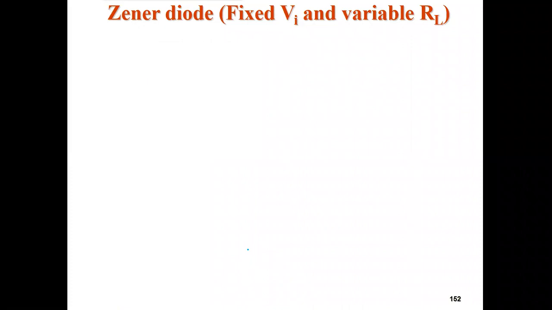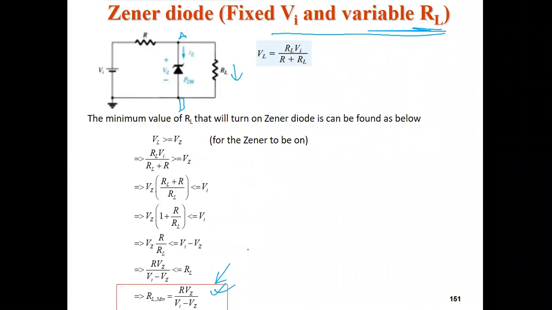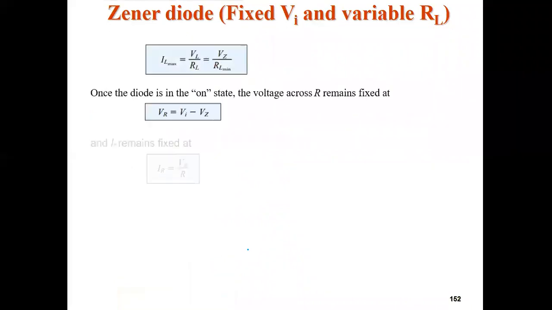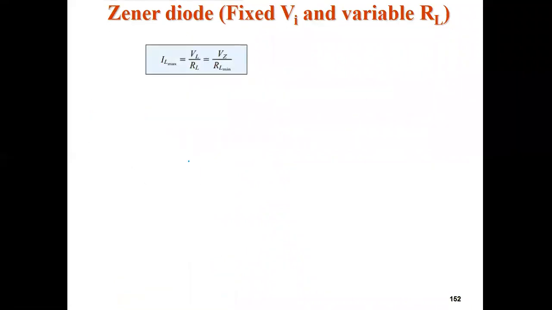So what is that? IL max. Why is IL max this thing? Because for IL max we put the max value of VL and the min value of RL.